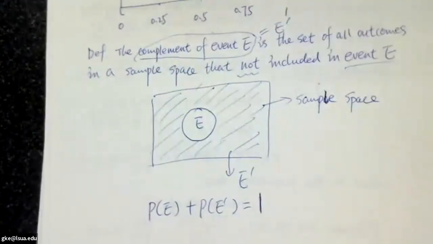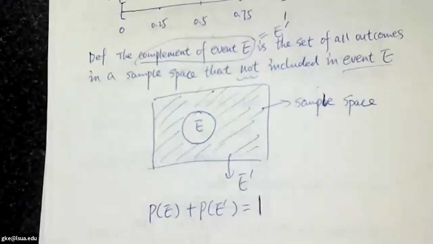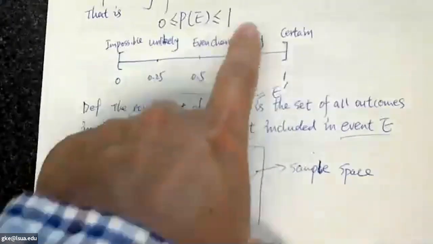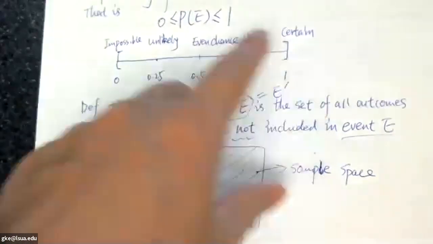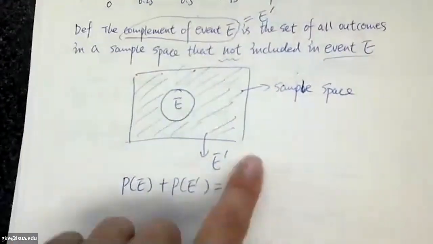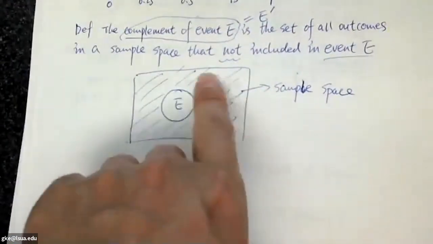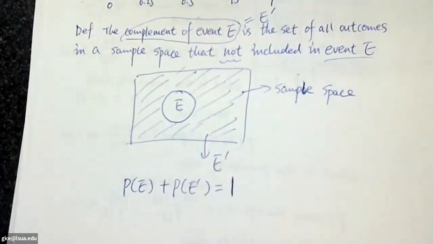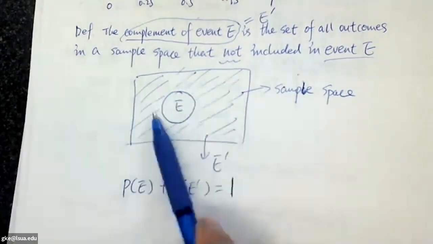Okay, 1 means what? Means certainly going to happen. If the probability equals 1, you included all the sample space, so that event is definitely going to happen, because you include everything.